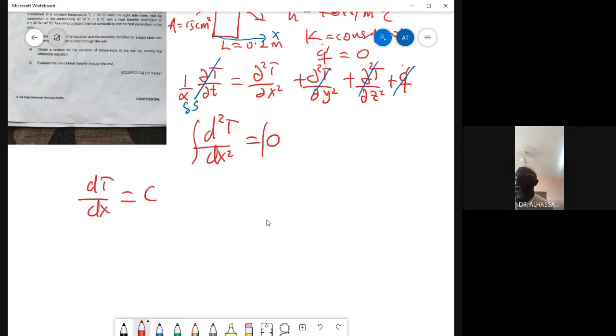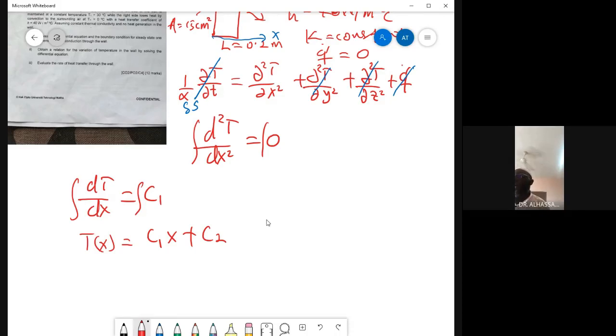Let that constant be C1. Again, we integrate with respect to x. That gives us T(x) equals C1 x plus another constant, which is C2.